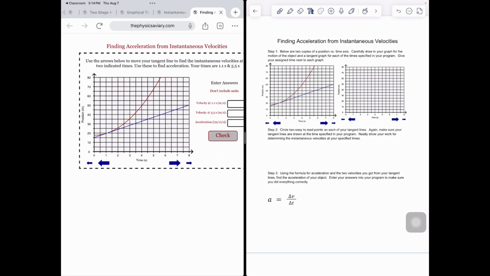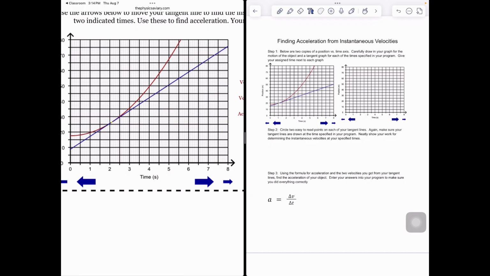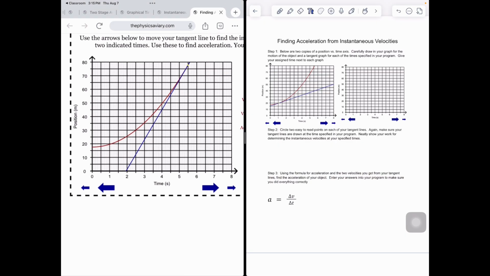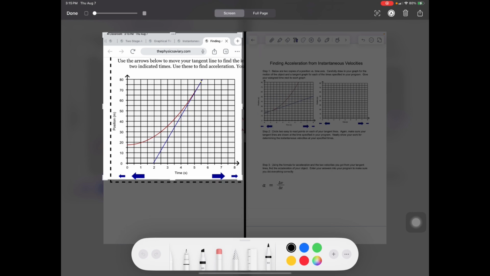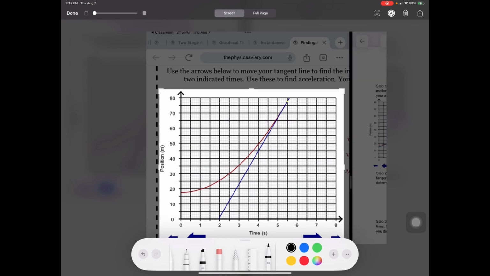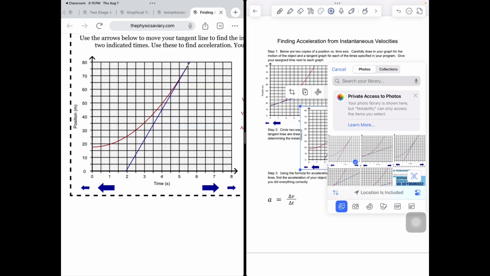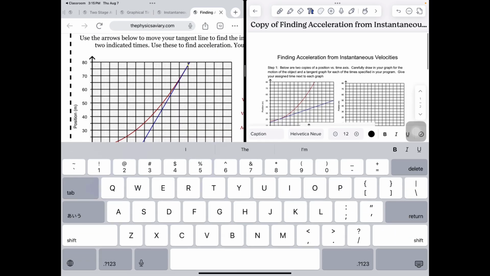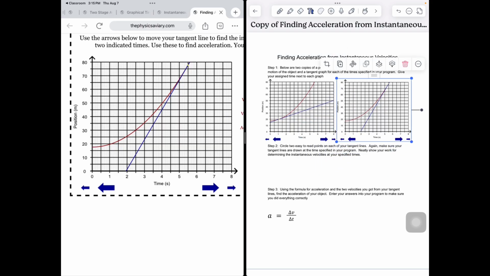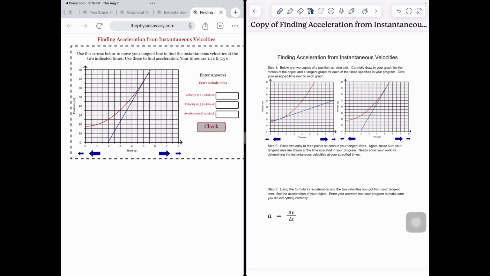Again, go ahead and get both of your graphs copied and pasted. I need to move mine to 5.5 seconds. All right, so now, hopefully you have yours in there.